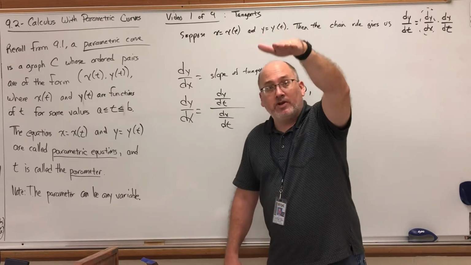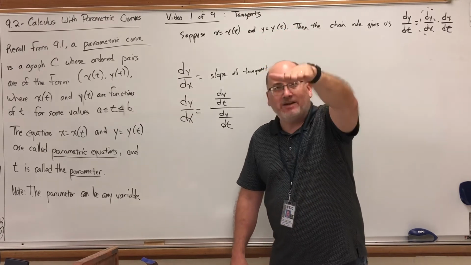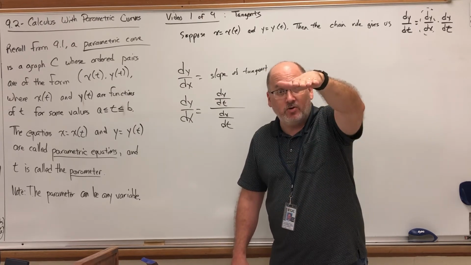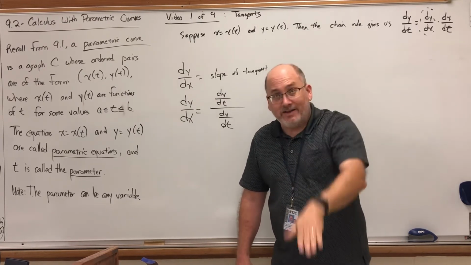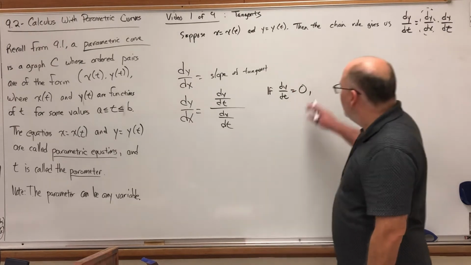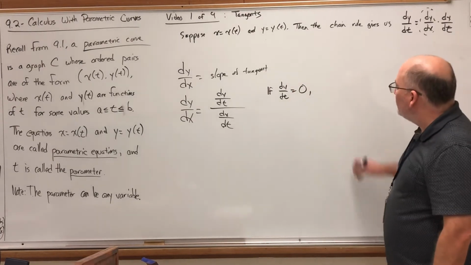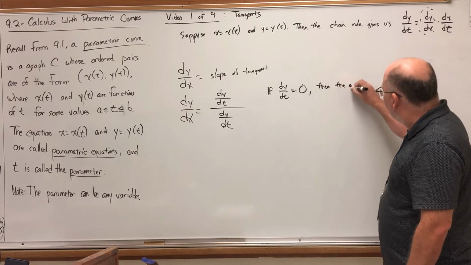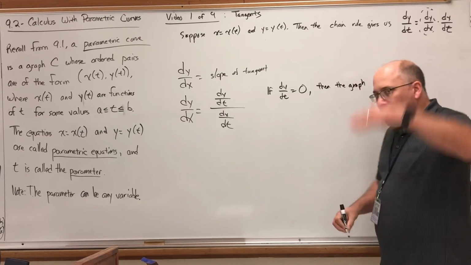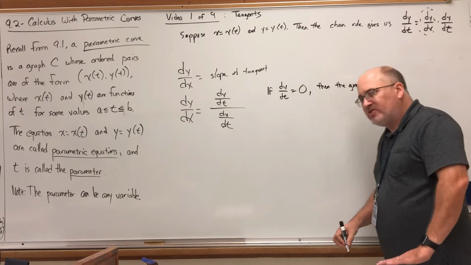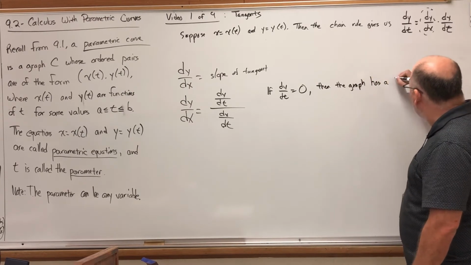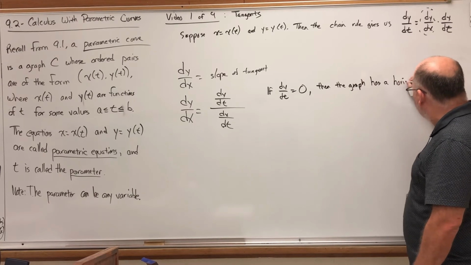My y is not going up, my y is not going down. Every time my y pauses and changes directions, or at least has a velocity of 0, my y's derivative should be 0. In other words, if dy dt equals 0, then the graph should have a maximum or a minimum, but in terms of tangent lines, it means the graph has a horizontal tangent line.